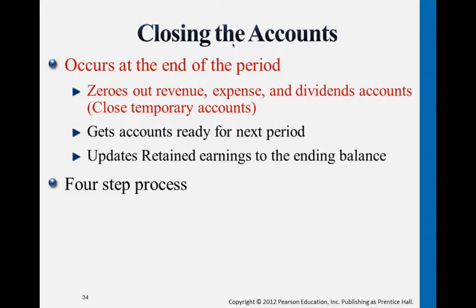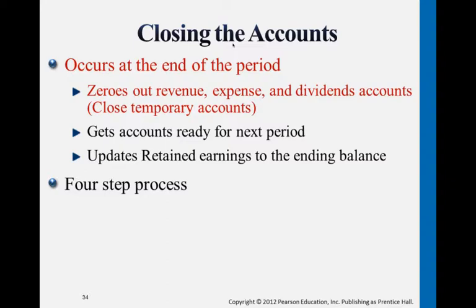So what this closing process is trying to do is to match up the ending balance of retained earnings in the T accounts and in the journal entries as well. Because beforehand, before we did the financial statements, retained earnings had not been updated, because at that point in time we didn't know the net income or net loss for the period.